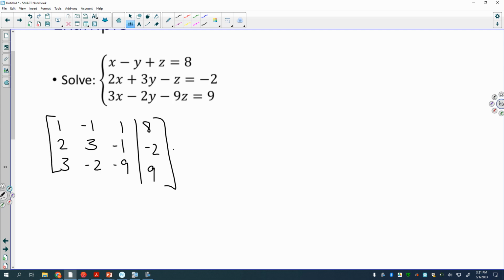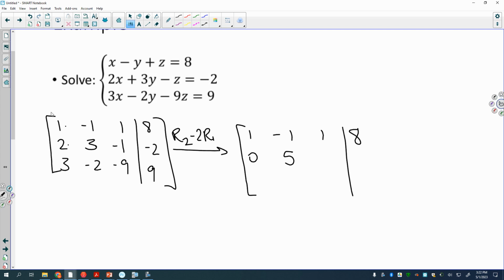So what I'm going to do is take row 2 minus 2 times row 1. And that means row 1 stays the same. But row 2, I'm going to take 2 minus 2, and that's going to give me 0. And then I'm going to take 3 minus 2 times negative 1, or 3 plus 2, that's a 5.